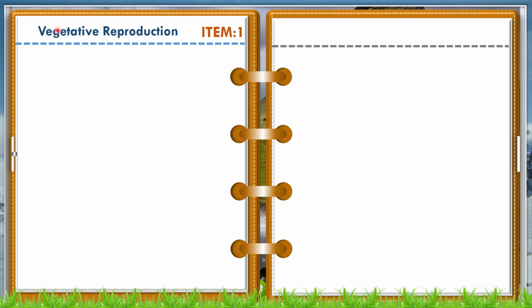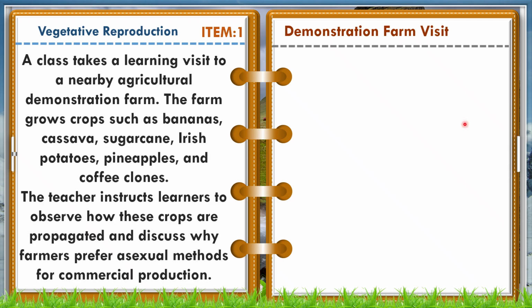Let's start with vegetative reproduction item 1. Demonstration farm visit. A class takes a learning visit to a nearby agriculture demonstration farm.